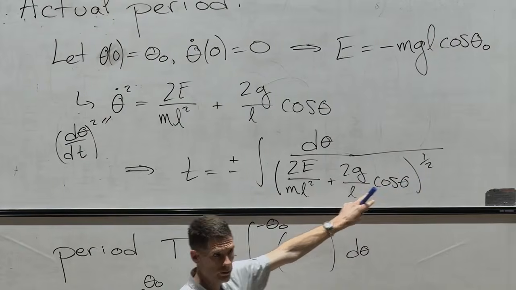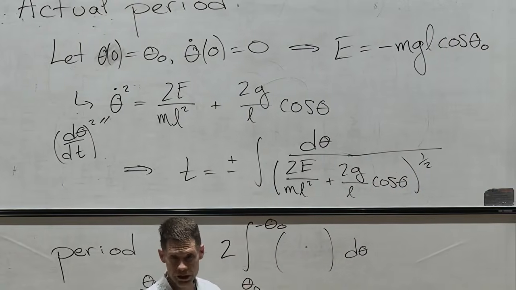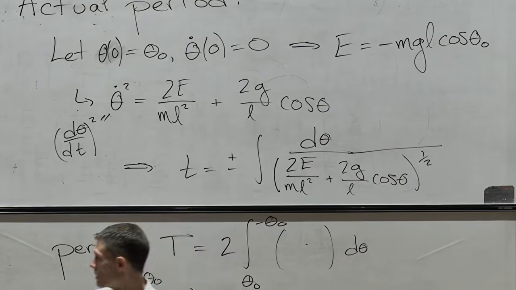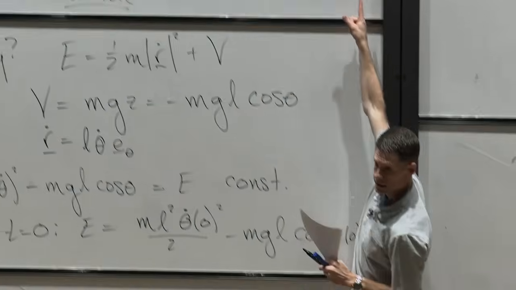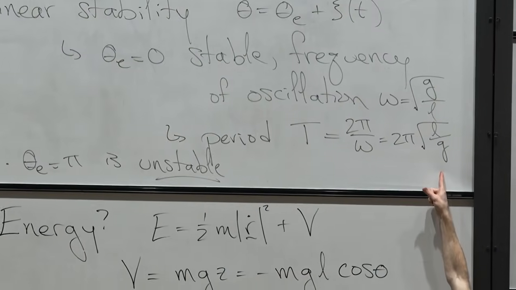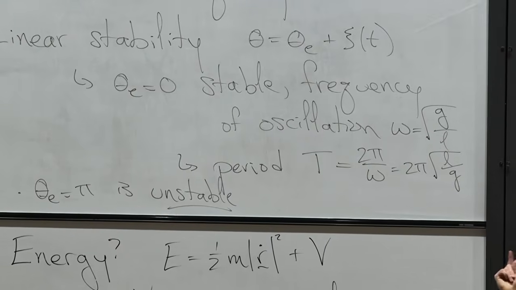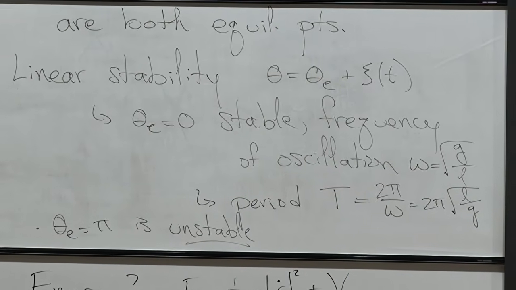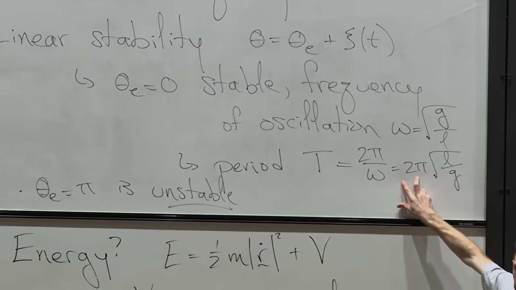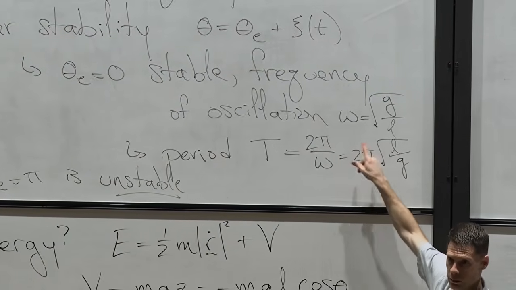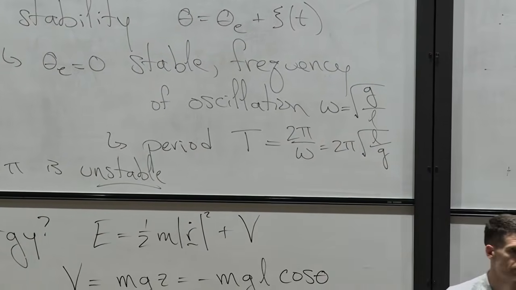So I can pull out the root l over g if I flip it. And actually that's not surprising, because that's the same term there, right? The scaling of my linear stability I expect to work the same. What I expect to be different is that 2 pi came from the approximation. I want to get the proper coefficient there.